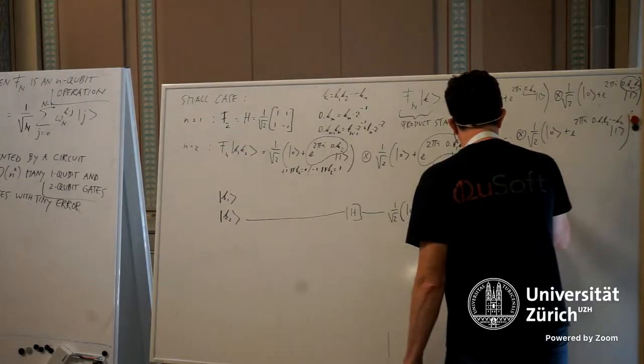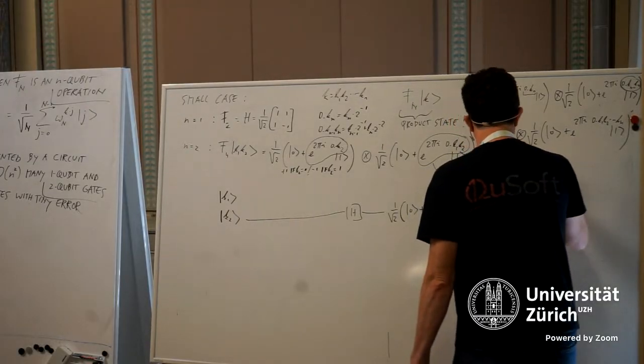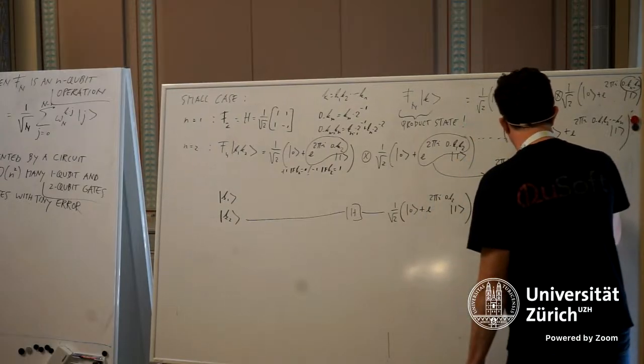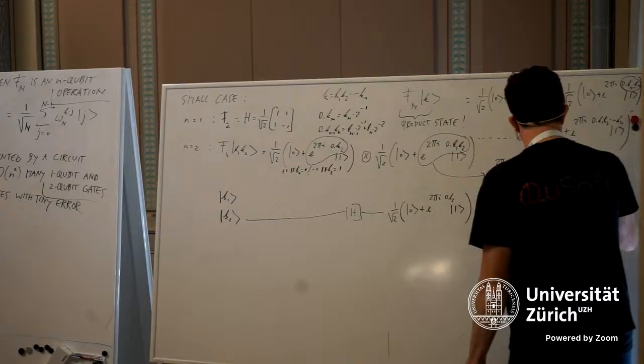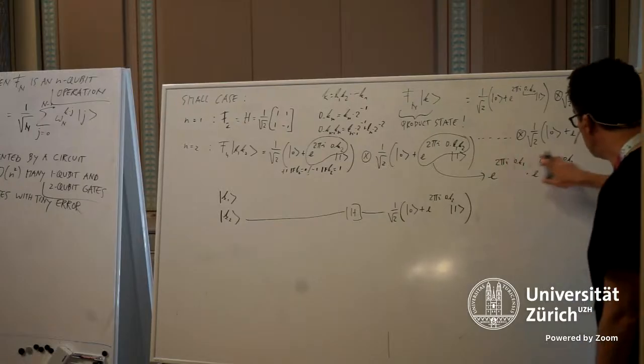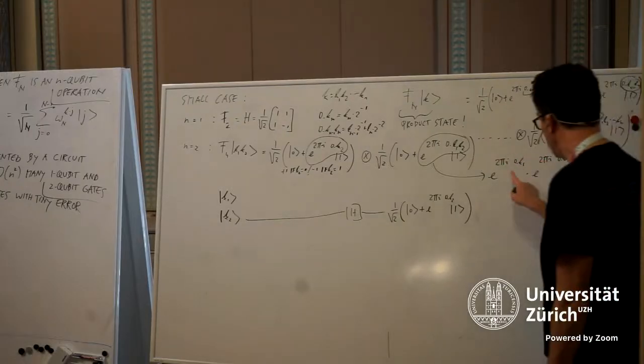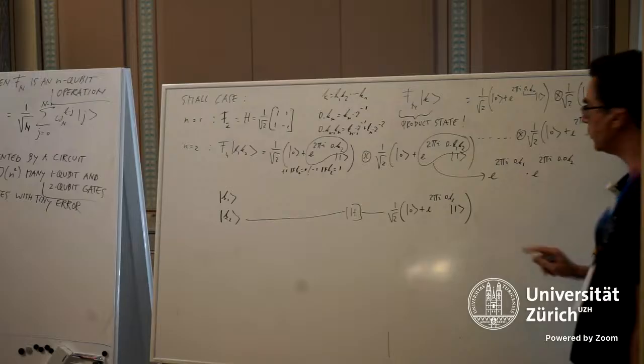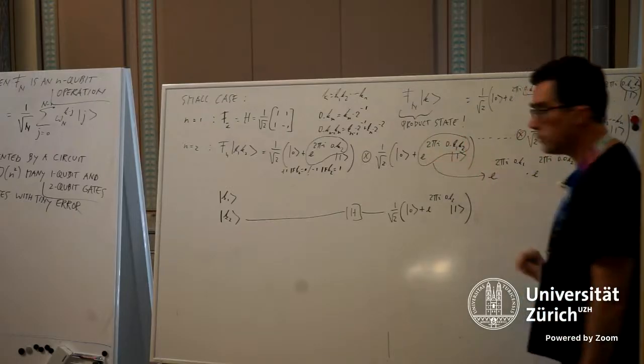e to the 2 pi i 0.K1 times e to the 2 pi i 0.0K2. If you use addition in the exponents, you can see that this product of 2 different complex numbers is the same as this number that we want to produce here.